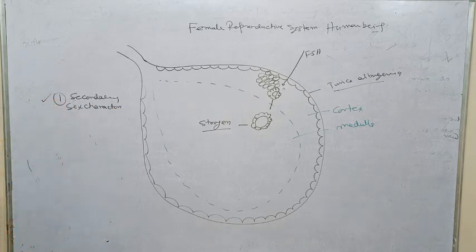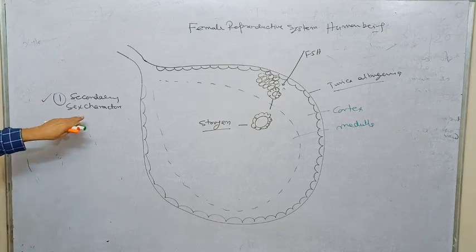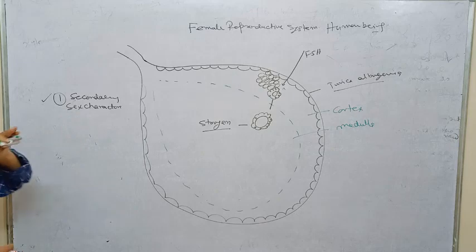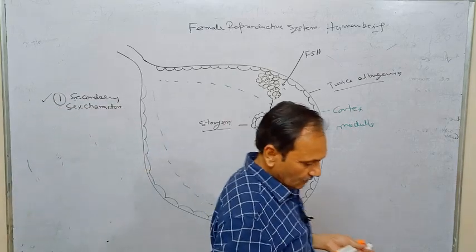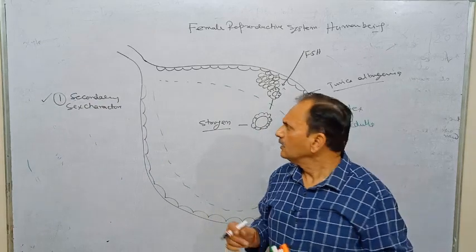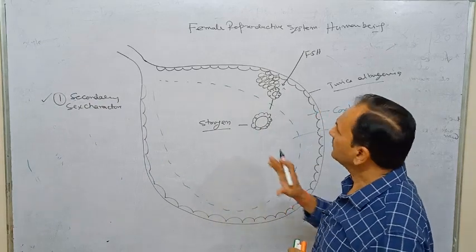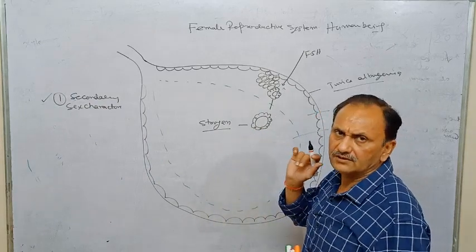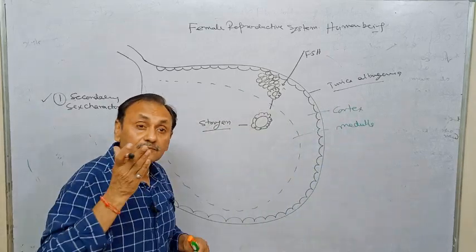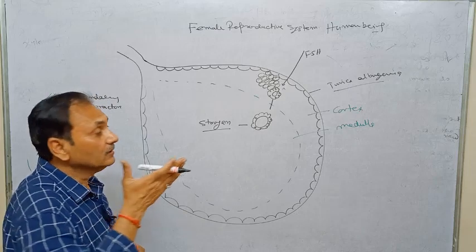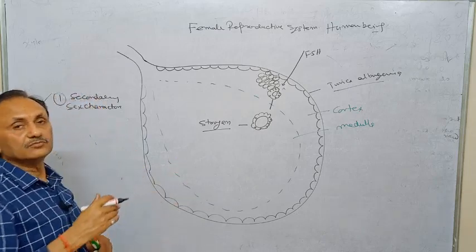Secondary sex characters of the female are the maturation of the uterus, the formation of the breast, the accumulation of fat in the thigh and other parts of the body, and so on. Secondary sex organs are the vagina, the uterus, the fallopian tube.